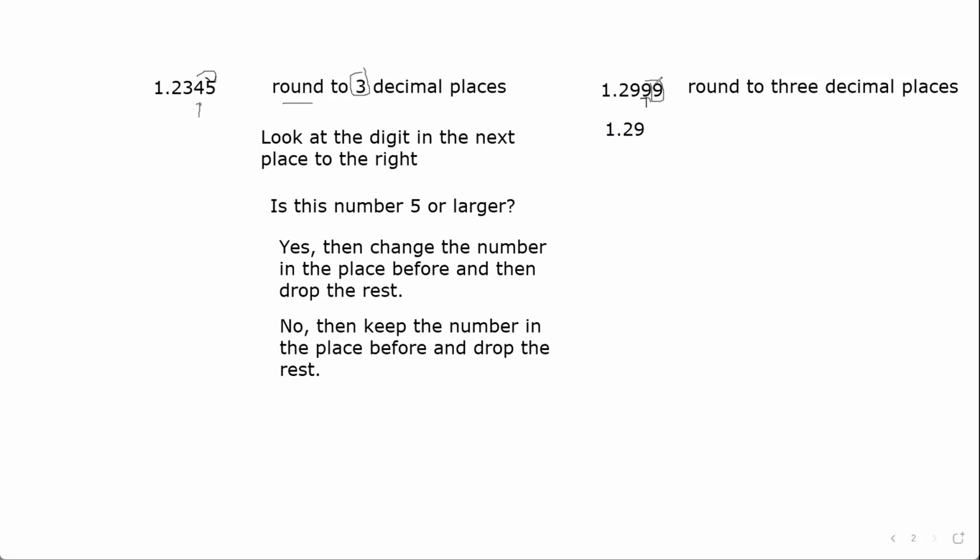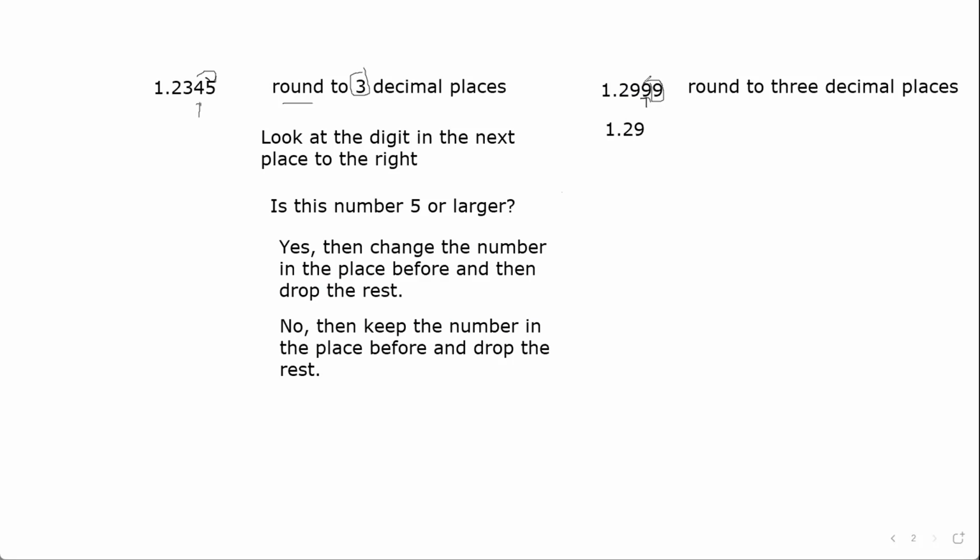It says I change the number, so I take it up by 1. Here's the problem. If I take 9 up by 1, I get a 10. And there's no room for a 10, right?